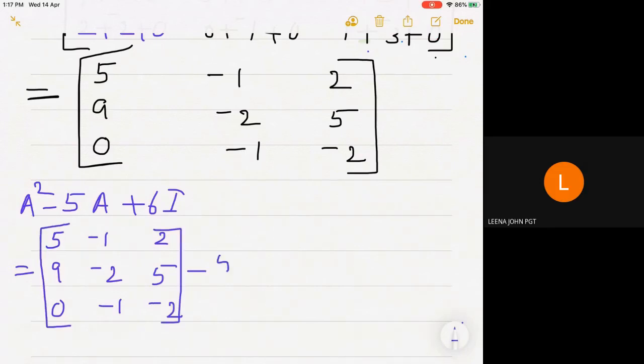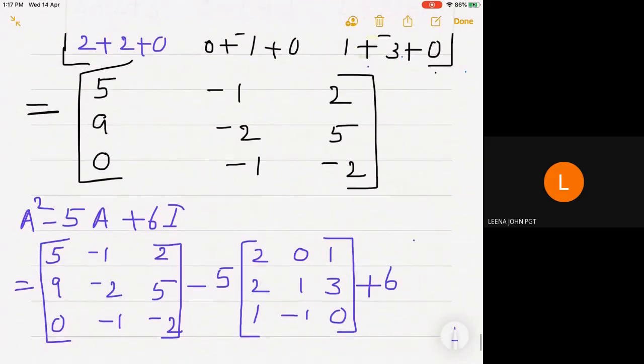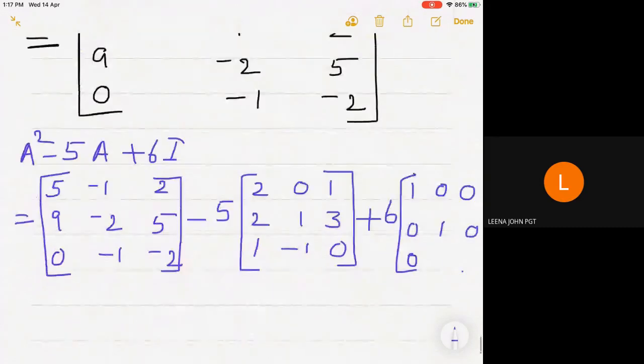Minus 5 times A, the matrix A which is given, 3, 1, minus 1, 0. Then plus 6 times I. I means the identity matrix or the unit matrix of the same order as that of A. That means your unit matrix will be 1, 0, 0, 0, 1, 0 and 0, 0, 1.